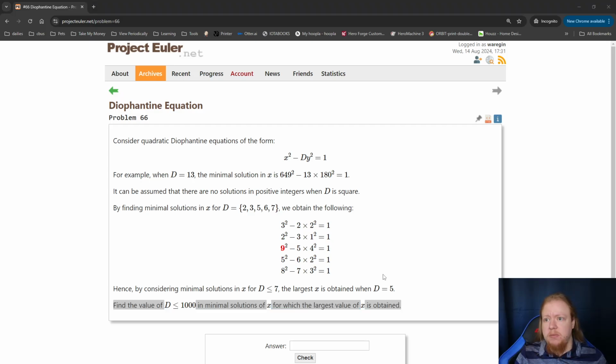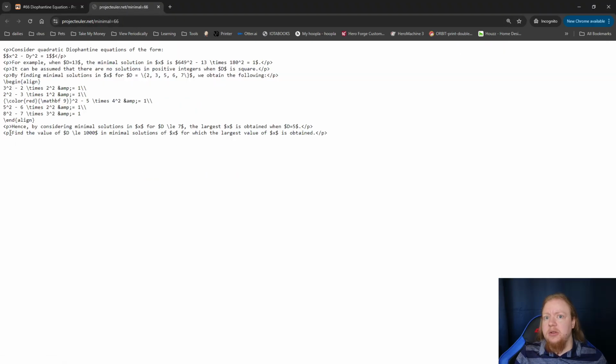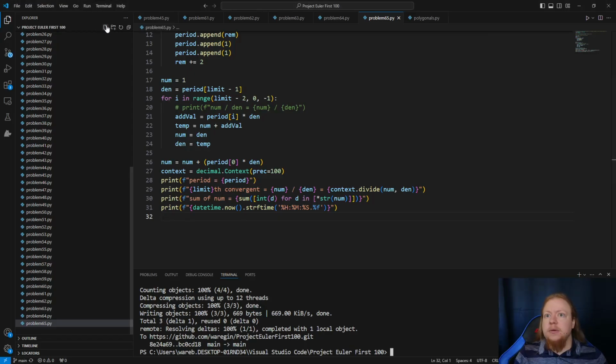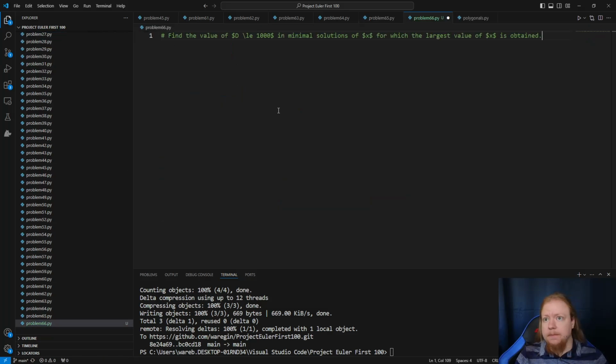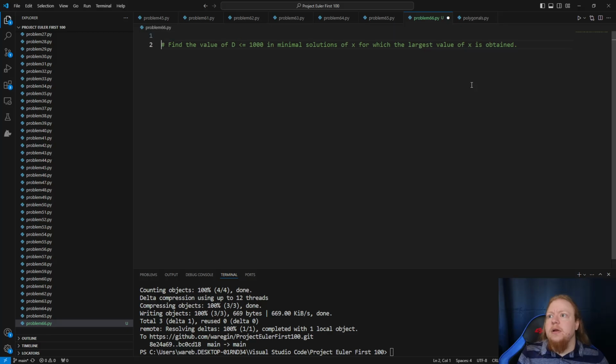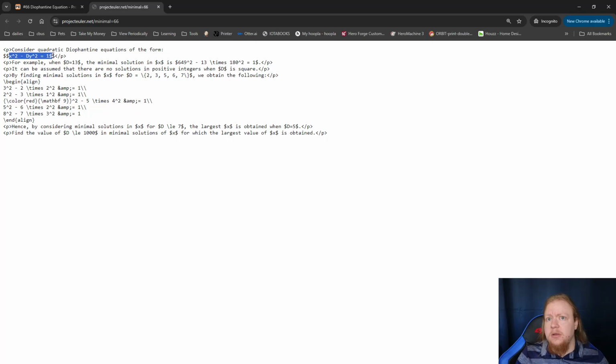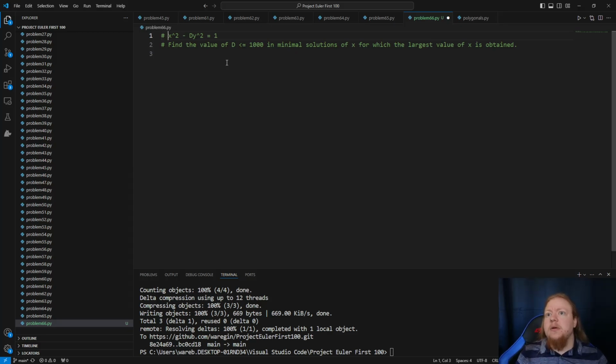Copying over our problem. And then this equation is this, which I am going to rewrite as x squared minus 1 equals d y squared.